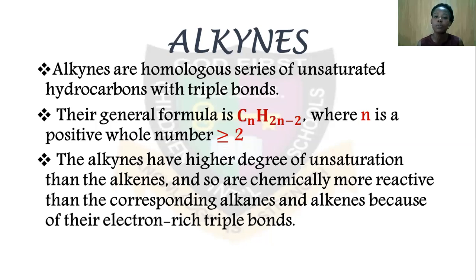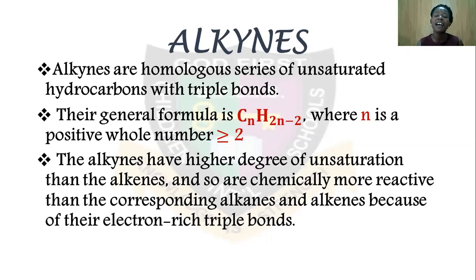Their general formula is CnH2n minus 2, where n is a positive whole number greater than or equal to 2, meaning that there is no alkyne with C1. So why? Because of the way the triple bond can be positioned. So those are alkynes. They have a triple bond in their structure.